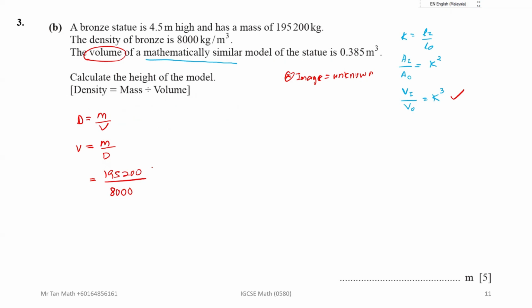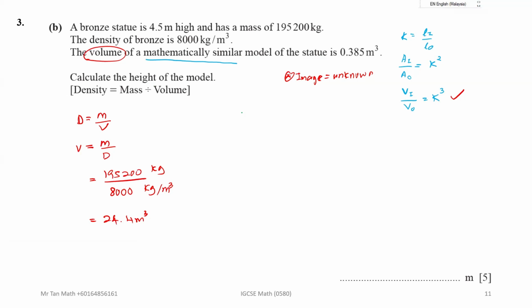This is kg, this is kg per meter cube. So you divide, you should get 24.4 meter cube. Okay, so this is the volume, and the height is 4.5.